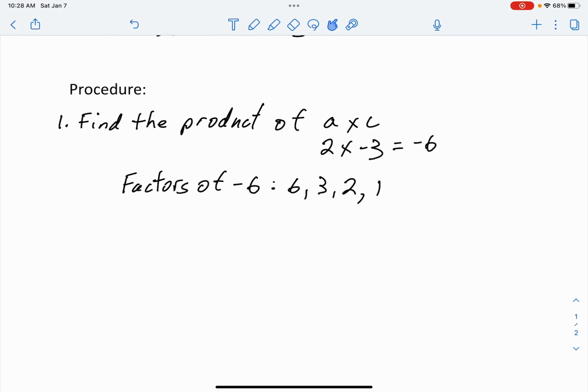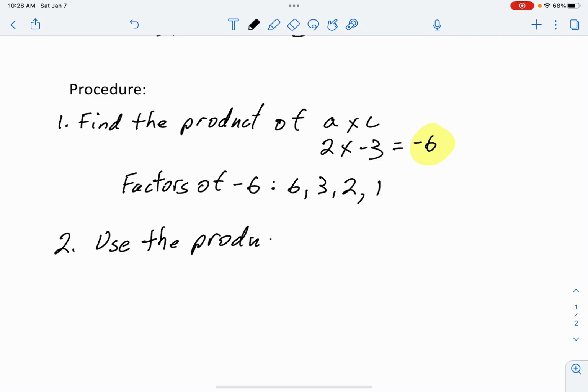Step 2 is using the product above. So here's our product above. Maybe I'll highlight this here. Here's our product right here. Okay, use the product above, which was minus 6.